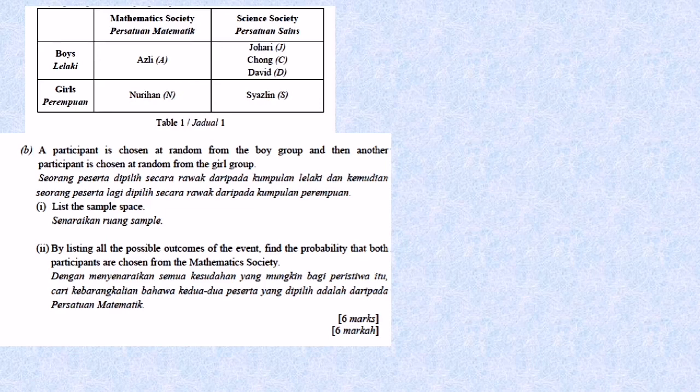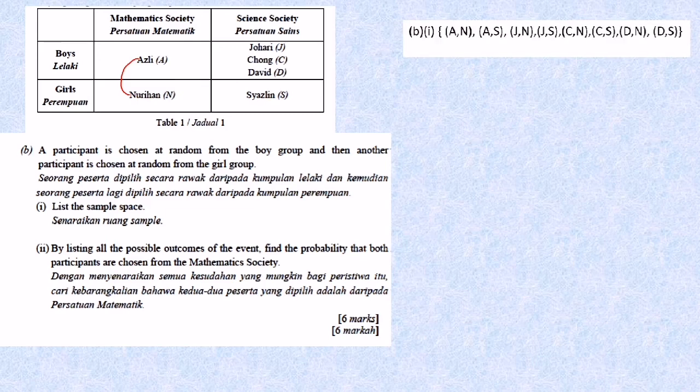For the sample space, we can write like this. Azlin, Nurihan, Azlin, Shazlin. Johari, Nurihan, Johari, Shazlin.